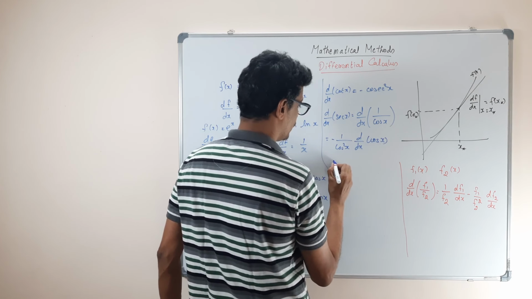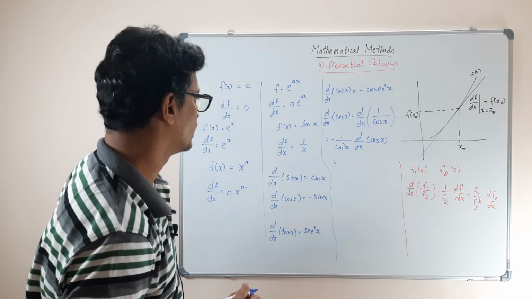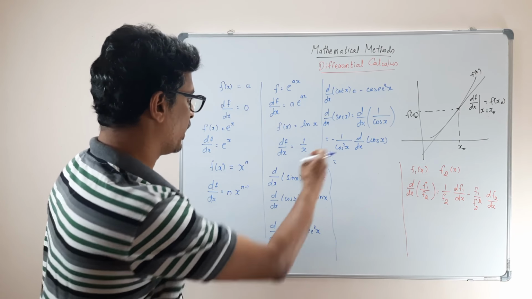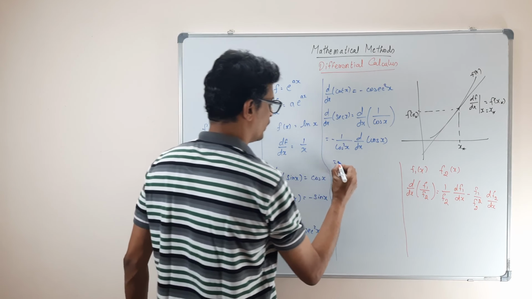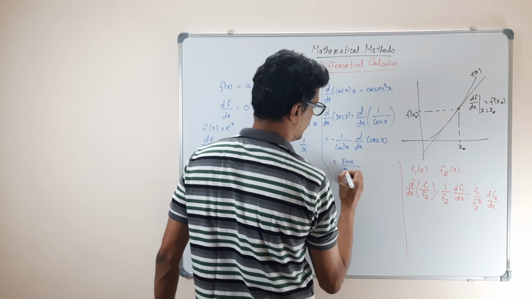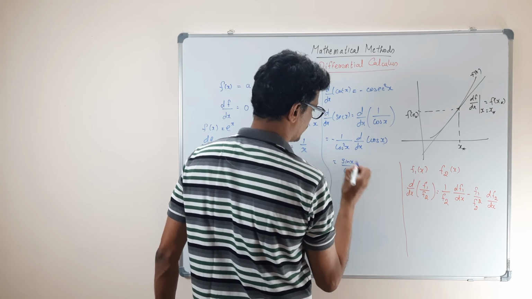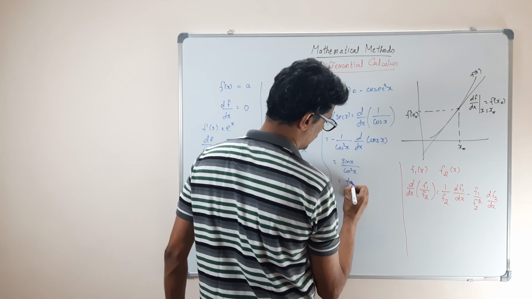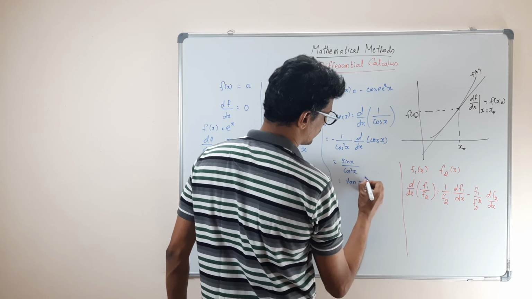What is d by dx of cos x? Minus sin x. So minus minus becomes plus, sin x by cos square x. We write it as tan x by cos x, that is tan x sec x.